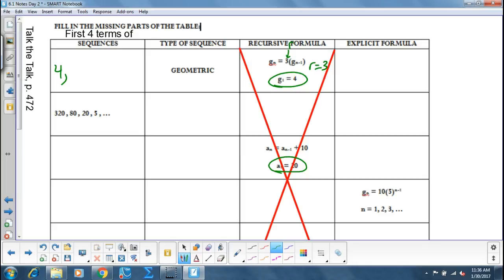This down here in an arithmetic one, it's telling me that a sub 1 is 20, and it's also telling me that d is 10. Okay? So you have to find the first 4 terms of each of those, decide if it's geometric or arithmetic, and then give the explicit formula for all of them. Due on Wednesday. Okay?